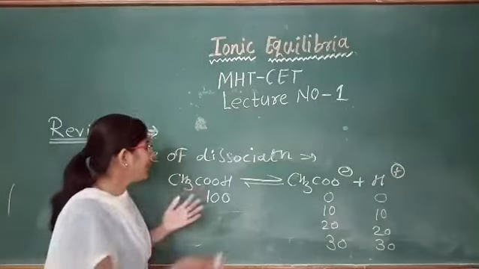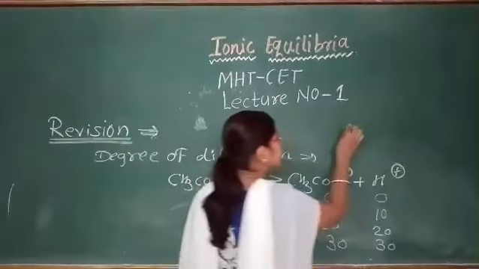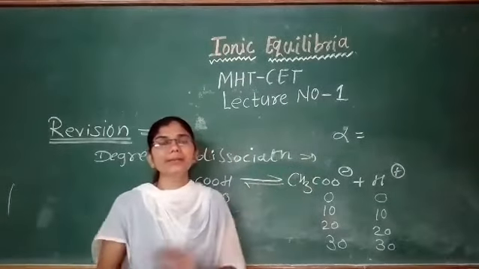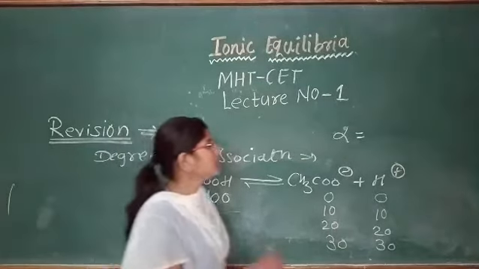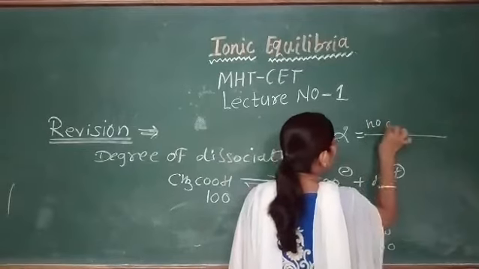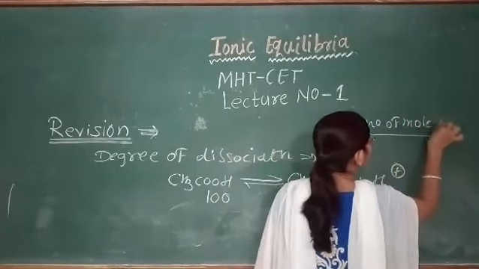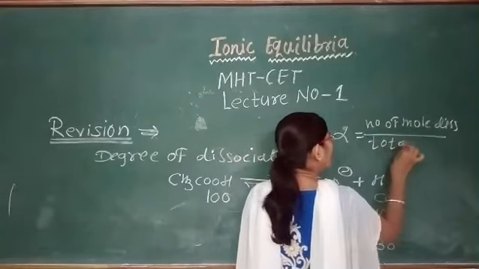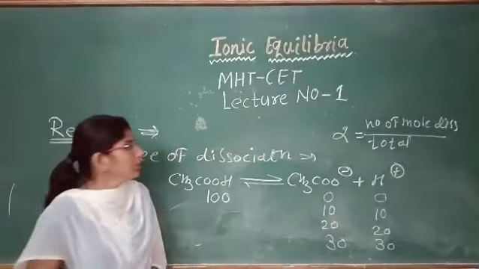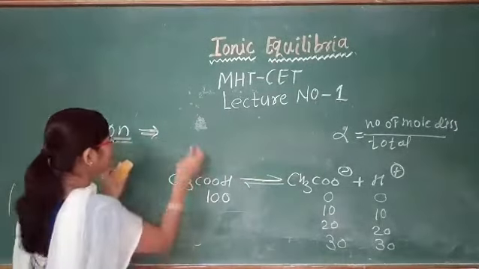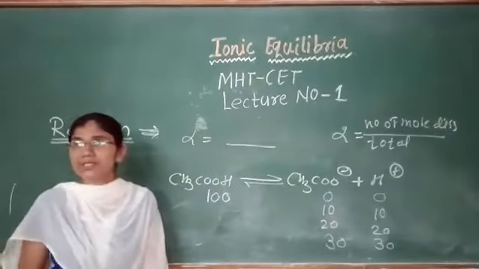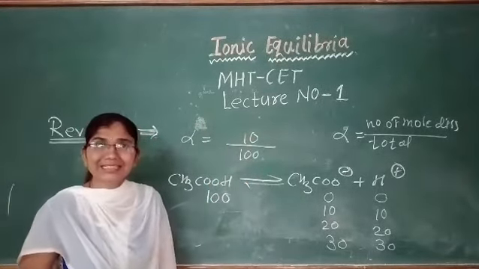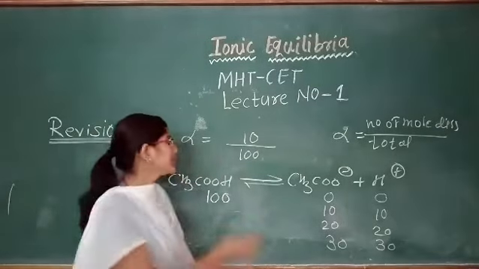How do we define alpha? Alpha is the degree of dissociation, denoted by the letter alpha, which is equal to the number of moles dissociated to the total number of moles. Here the total number of moles is the initial 100, and if 10 out of 100 moles dissociate, that gives the alpha.